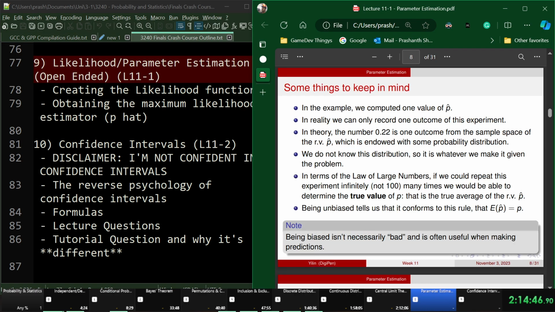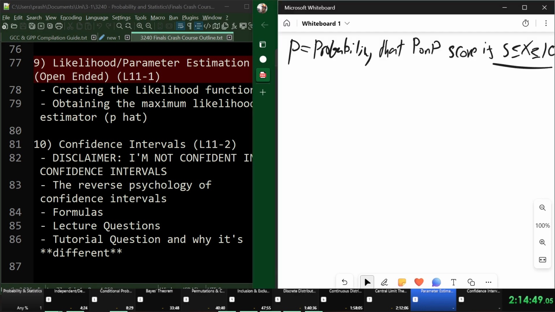So what these questions end up boiling down to is that you've got some function, usually called L for likelihood, and it takes in some parameter. Sometimes it's P, sometimes it's lambda. It could be anything really. So let's just use P. And let's say you've taken a measurement.